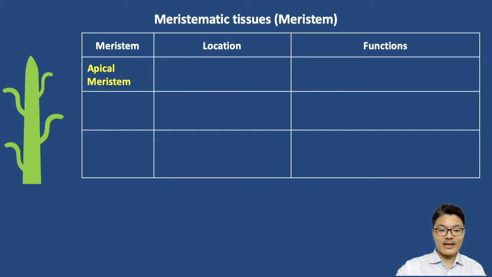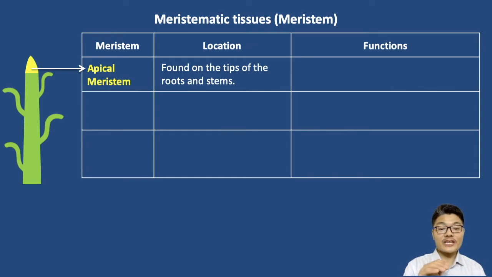Plants are having tips at the branches from which there is growth of tips which are developing into leaves. So leaf itself is having tips. So apical here mainly refers to the shoot tip and root tip. So location of apical meristem is usually the tips of root and stem. Roots of the plant and stems of the plants are having apical meristem.